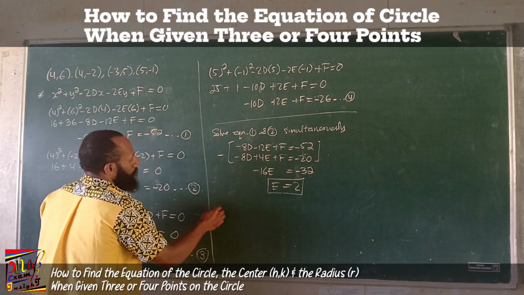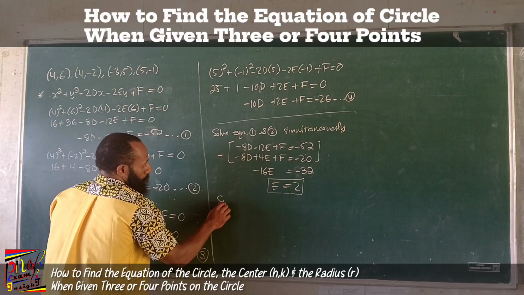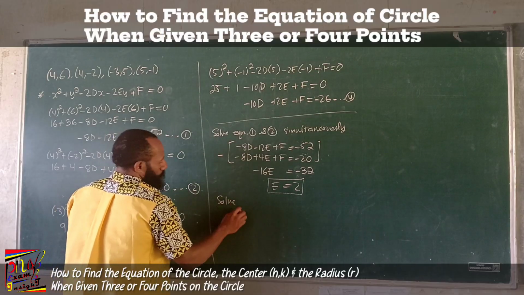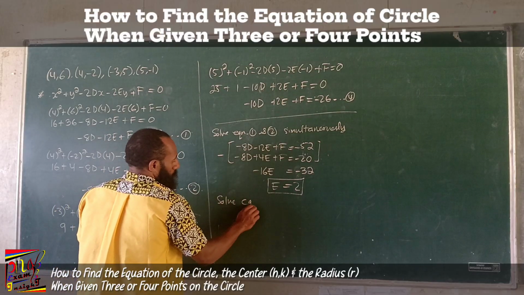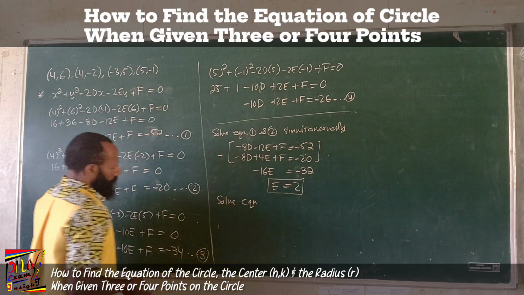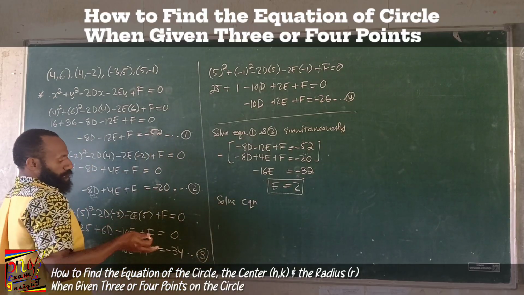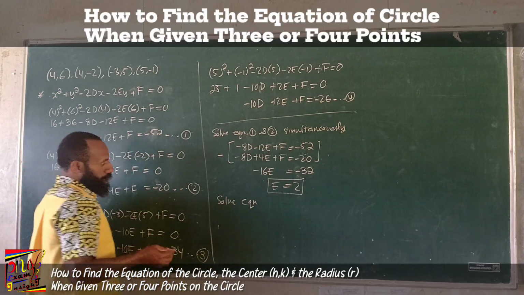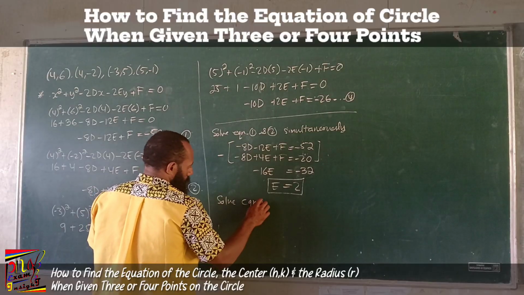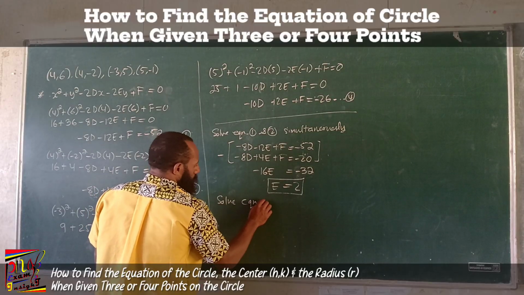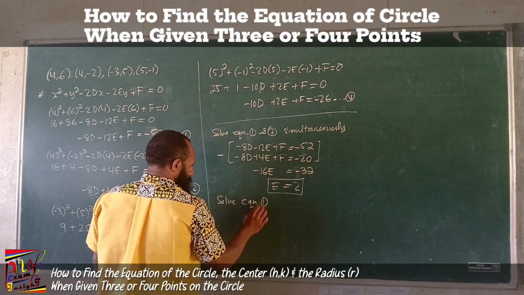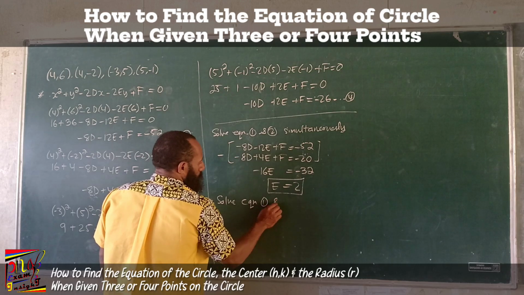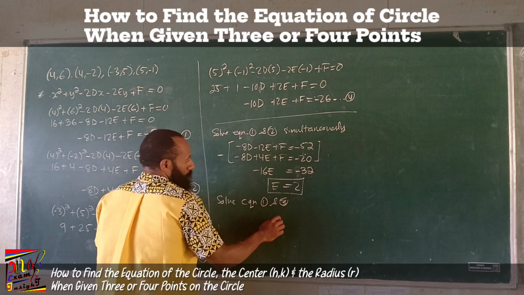Okay, now here let's solve for equation, let's say 2 and 3 or 1 and 3, doesn't matter. Is it clear? Okay, let's go for 1 and 3 simultaneously.